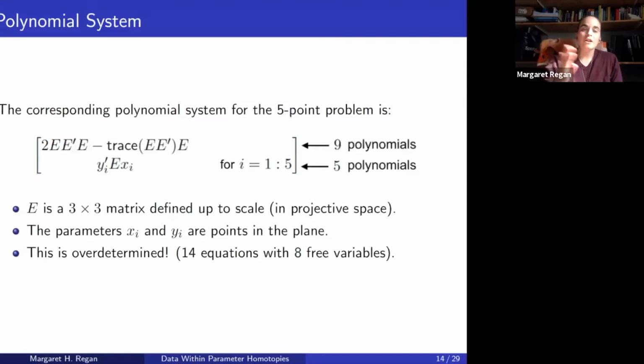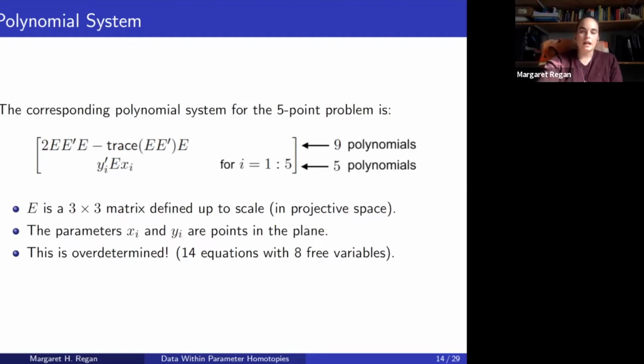And the polynomial system for this problem is overdetermined. So we have the essential matrix, defined up to scale in projective space. We have these parameters, but we have 14 equations with 8 free variables. So this polynomial system that defines a very famous problem in computer vision is overdetermined.